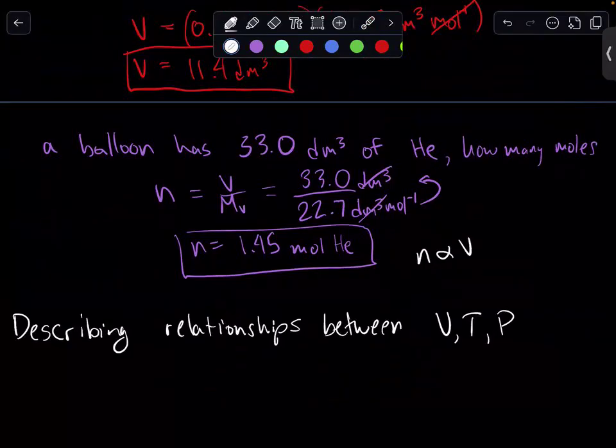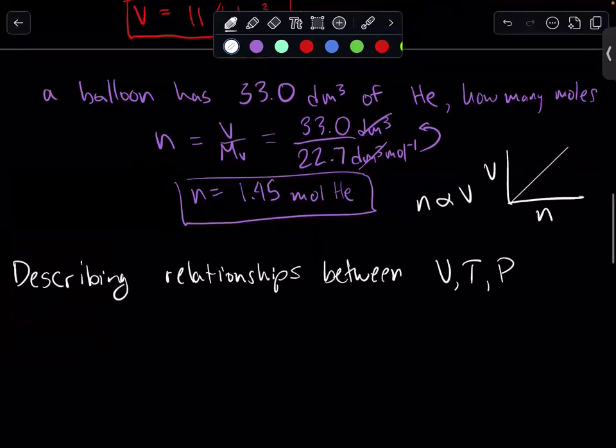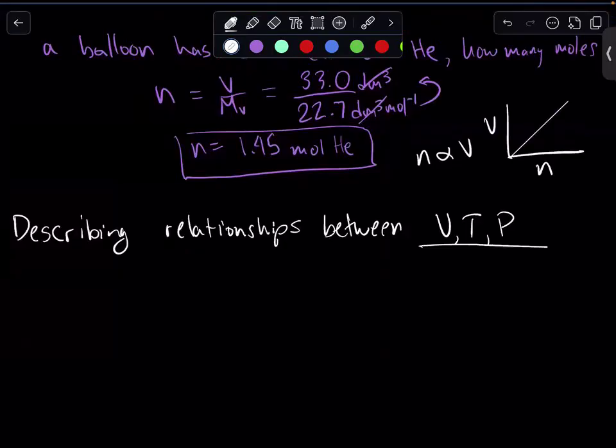As you increase moles, you increase volume. You could even say 2 times the moles would equal 2 times the volume. They are directly proportional. So if we look at a graph of moles and volume, it looks like a straight line. It's a straight line.